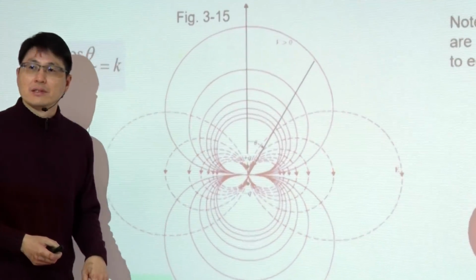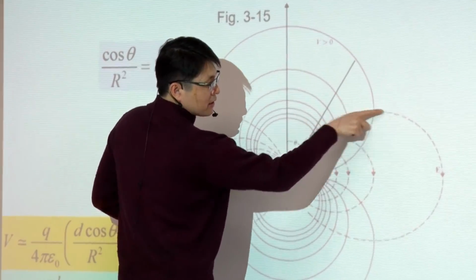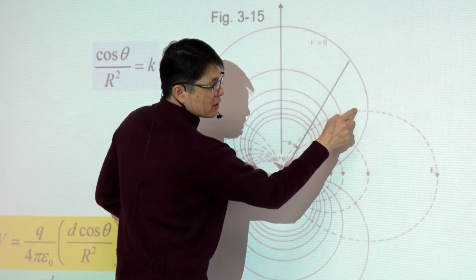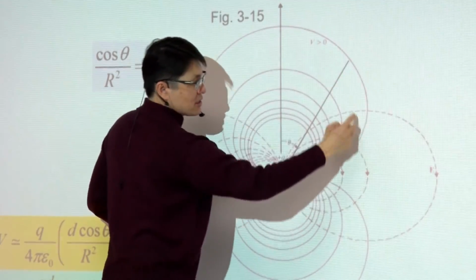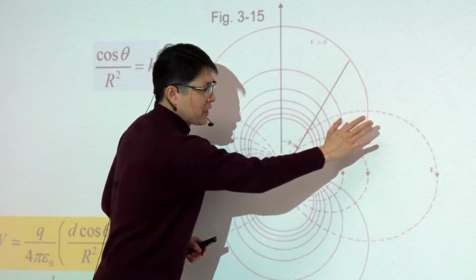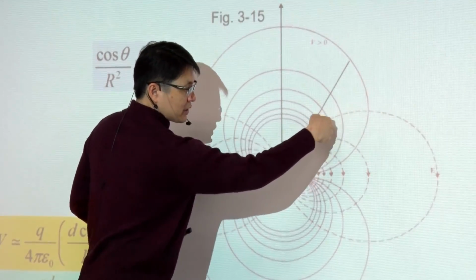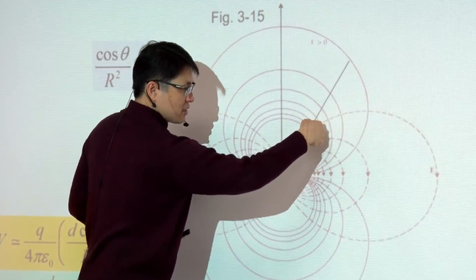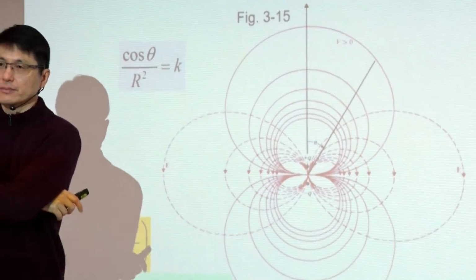Okay? So by looking at this plot, in the direction of E, you're losing electric potential. So basically, the outer solid lines show you where you have the lower electric potential. So as you walk in the direction or against the direction of the E field line, you gain potential. Right?